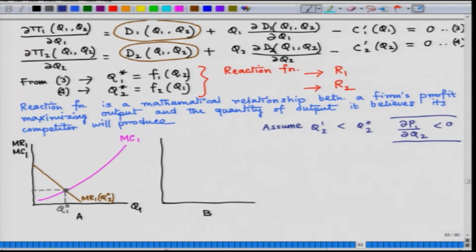And the reverse, which is assumed by us, says that if the competitor firm reduces its output level, then there is an increase in the market price that is observed by me.